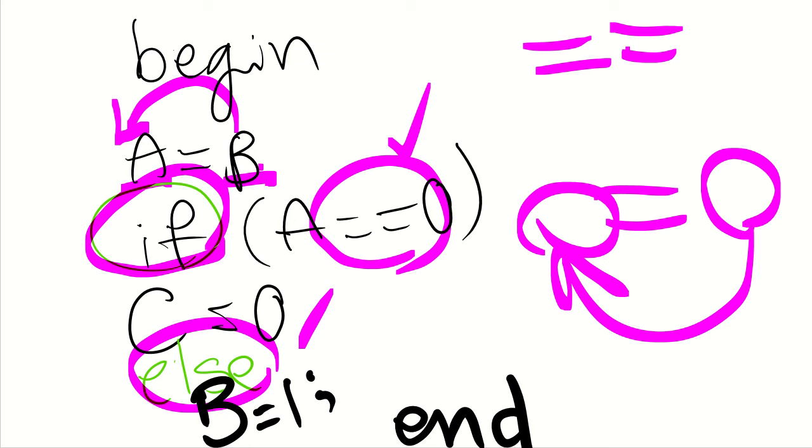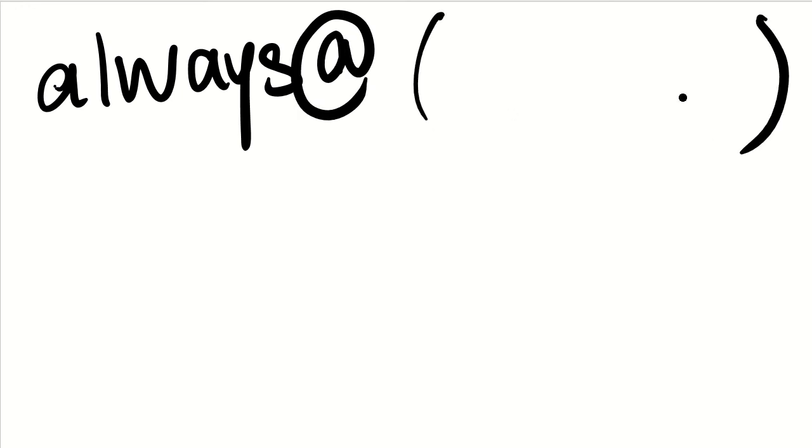Now I'm going to finish with another keyword, which is always. There is a keyword that is kind of like while in other languages, where you see while this is true, do that. In Verilog, it's always. The syntax is kind of odd. You type always, and then you have an at sign, and then you put your condition inside.